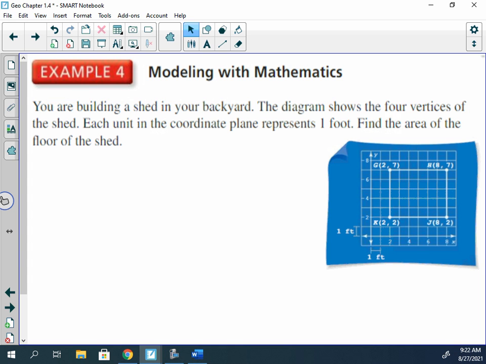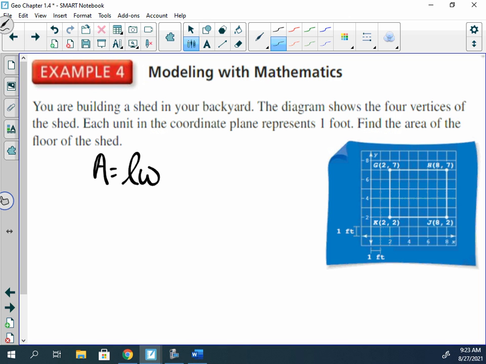All right, this will be the last one that we do today. You're building a shed in your backyard, and the diagram shows the 4 vertices of the shed. Each unit in the coordinate plane represents 1 foot. Find the area of the shed. Area again for a rectangle or square is going to be length times width.